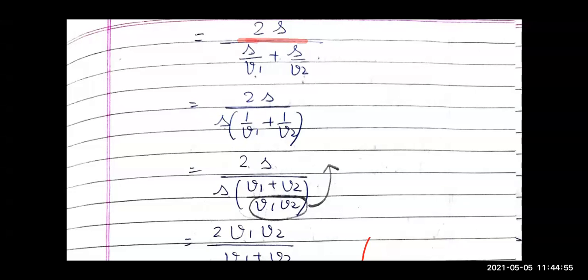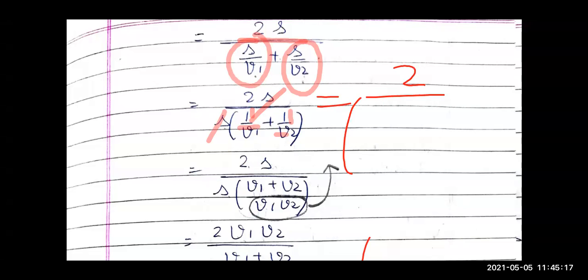T1 plus T2: T1 is S by V1 and T2 is S by V2, right? Now we will take S common. If we remove S common, it is 1 by V1 plus 1 by V2. S and S will get cancelled. You will have 2, and what you will be left with? You will be left with 2 upon 1 by V1 plus 1 by V2.